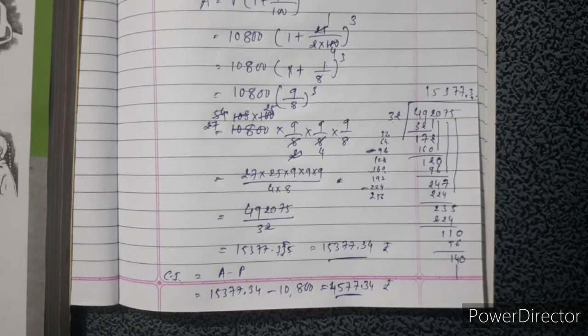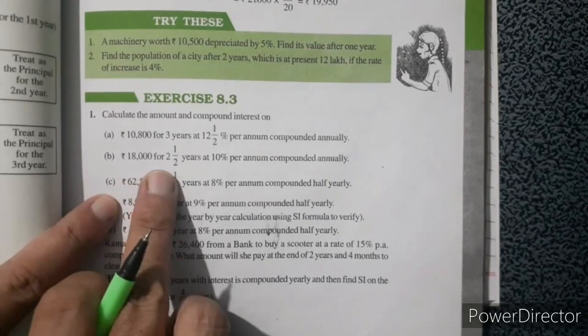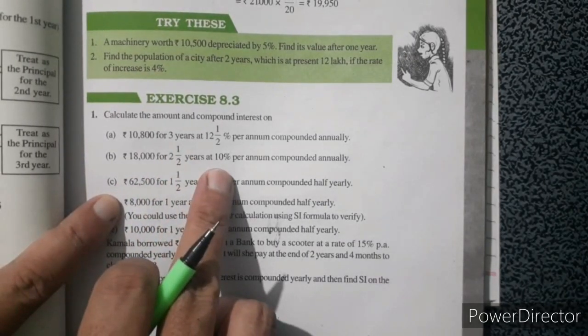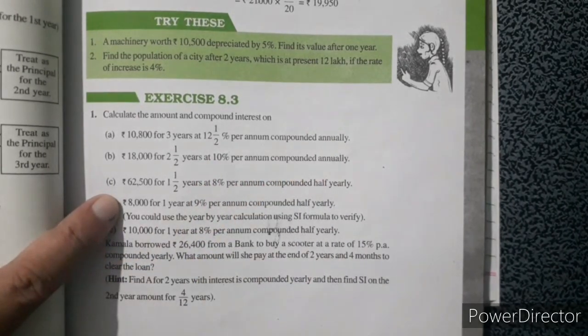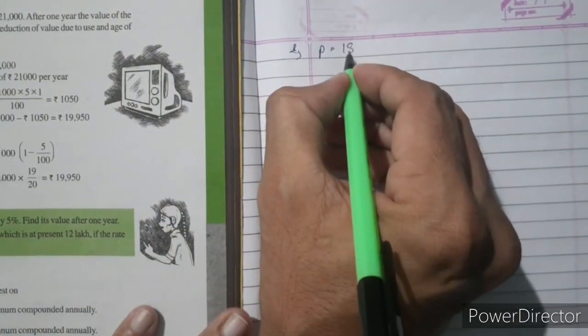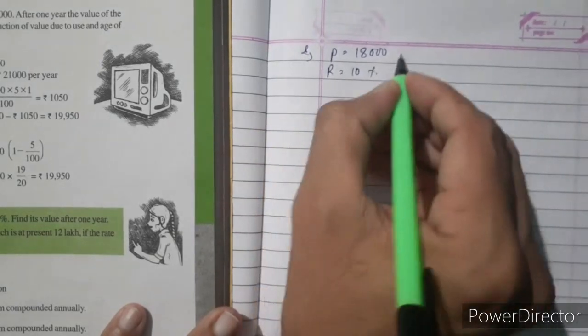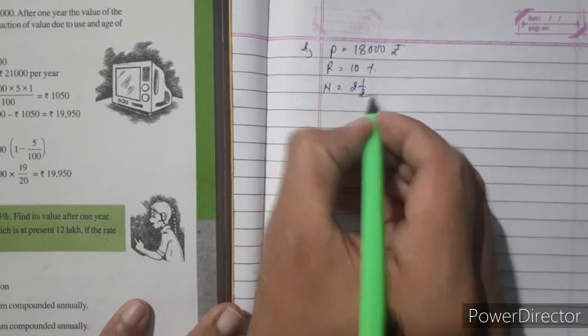Next sum. Look, the second one: 18,000 for 2 and 1/2 years at 10% per annum compounded annually. So in that, P is given, that is 18,000, R equals 10%, and here n equals 2 and 1 upon 2.